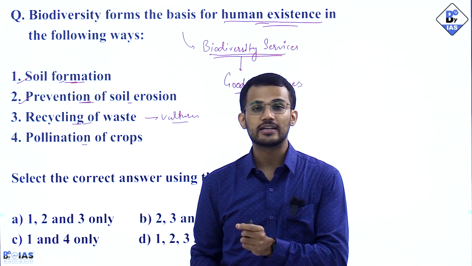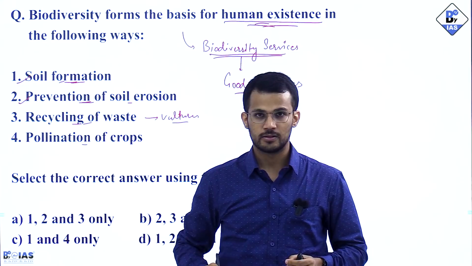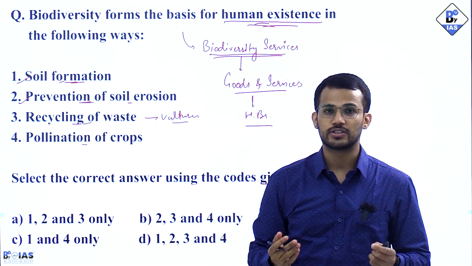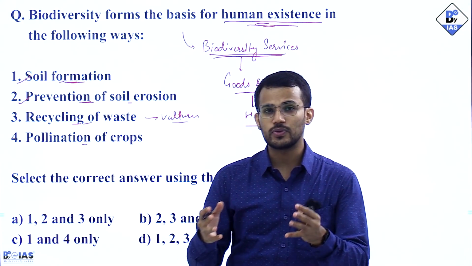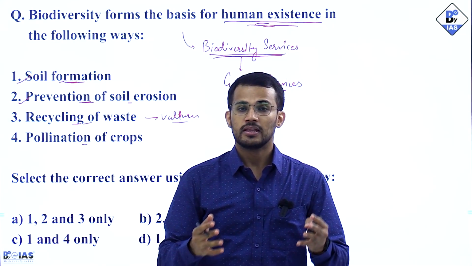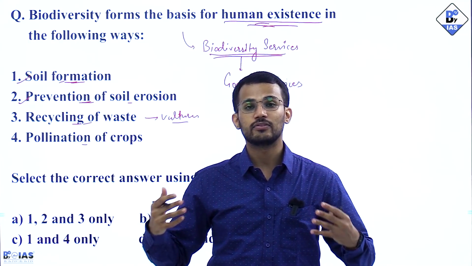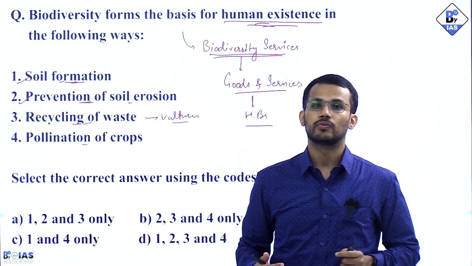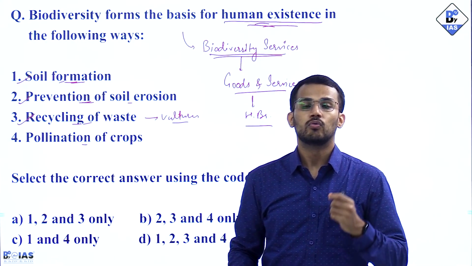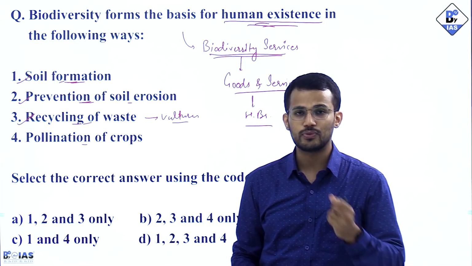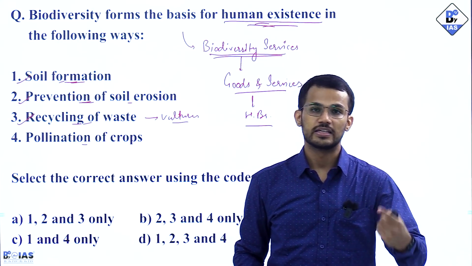And as they are clearing the carcasses, they are helping in human existence, because if this service is not provided by vultures, then the carcasses will lie in nature and lead to the spread of various kinds of diseases, right? So the third statement is also correct, because it is very essential for us that the waste generated in nature is getting recycled.